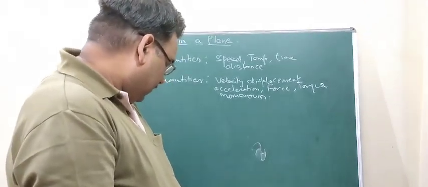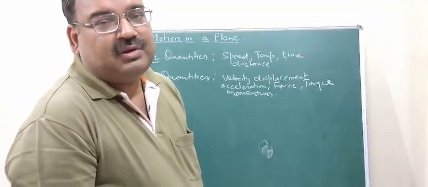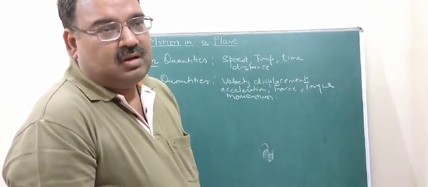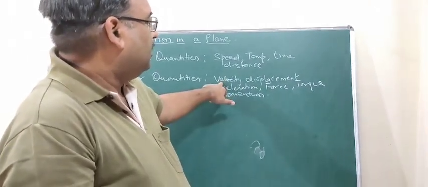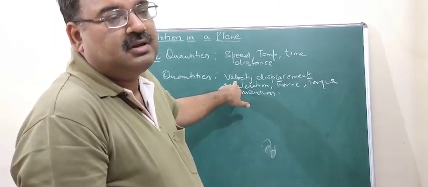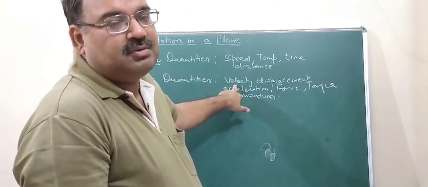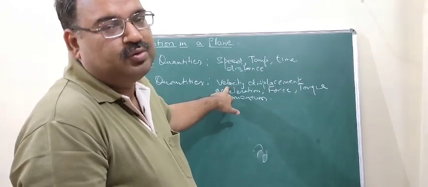But there are certain quantities which have got both magnitude as well as direction. They are called vector quantities, like velocity. So velocity has got a particular direction. A person is moving 30 km per hour due east, due west.